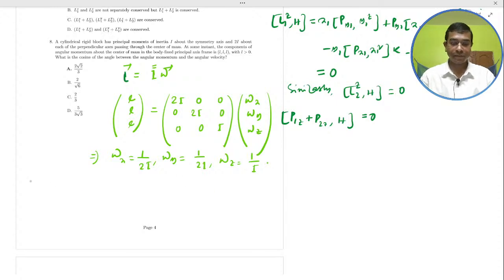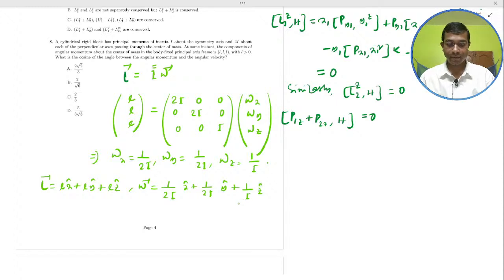So the angular momentum L is Lx cap plus Ly cap plus Lz cap, and omega is L by twice I x cap plus L by twice I y cap plus L by I z cap. So the cos theta, because you have to find the angle, is L dot omega divided by L omega.